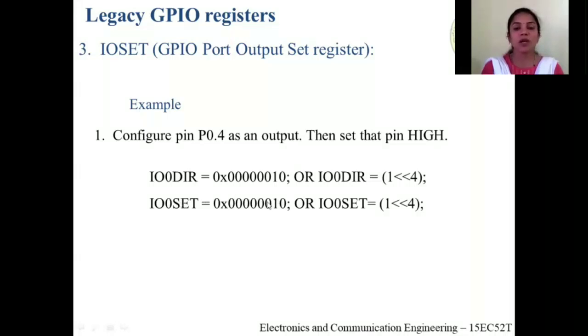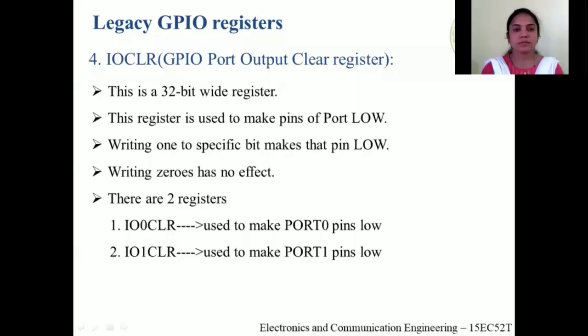If we set 1, the corresponding port pin will be set to a high value. So here the port 0 fourth pin acts as an output pin, and by using IO set, we are setting the fourth pin of port 0 high.